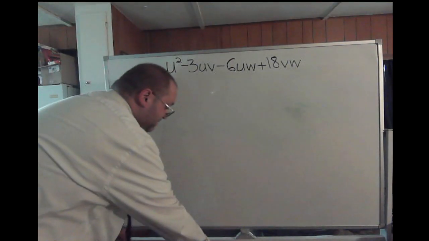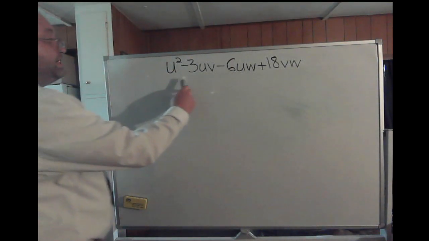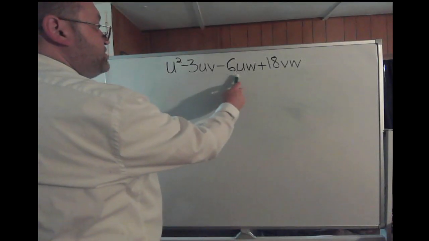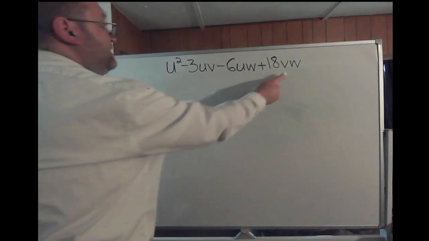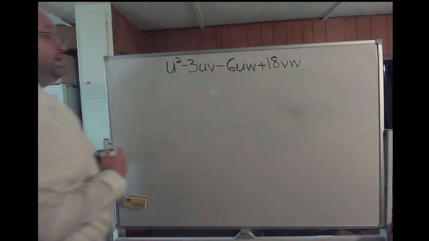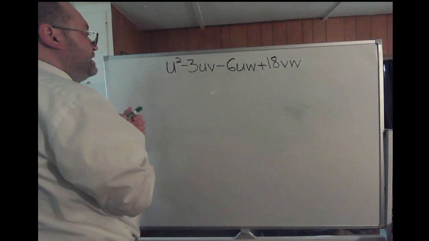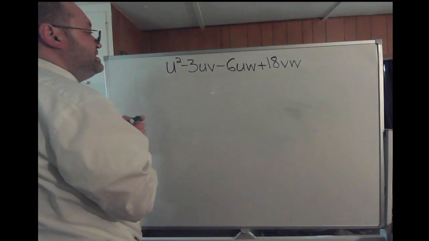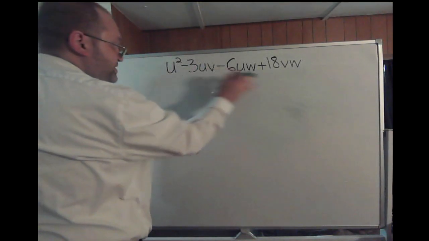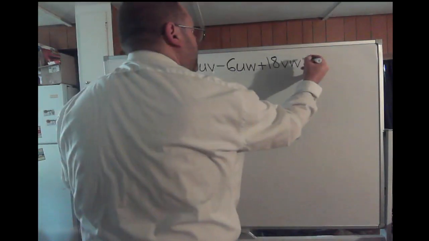Alright, so we got this mess here. We have u to the second minus 3uv minus 6uw plus 18vw. It looks like, once again, we want to take the approach of separating it into two sets of two terms. So let's go ahead and do that.